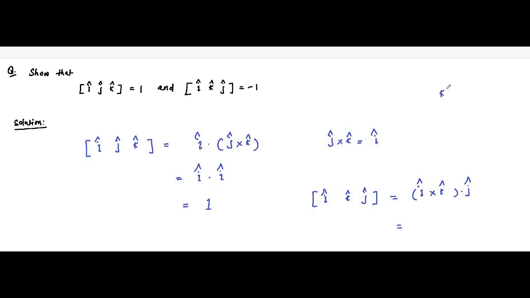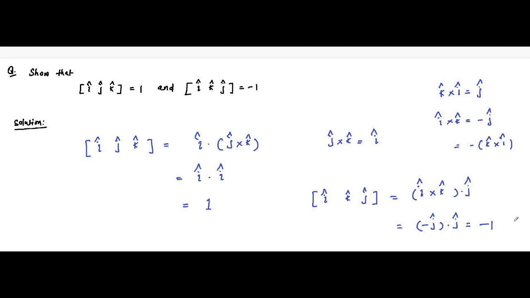Because k cap cross i cap is equal to j cap. So obviously i cap cross k cap will be equal to minus of j cap, which is equal to minus of k cap cross i cap, from the rule of vector products or cross products. So this becomes minus j cap dot j cap. So that will be equal to minus 1.